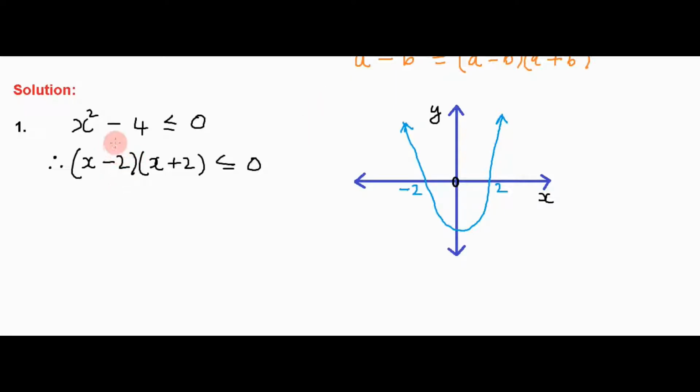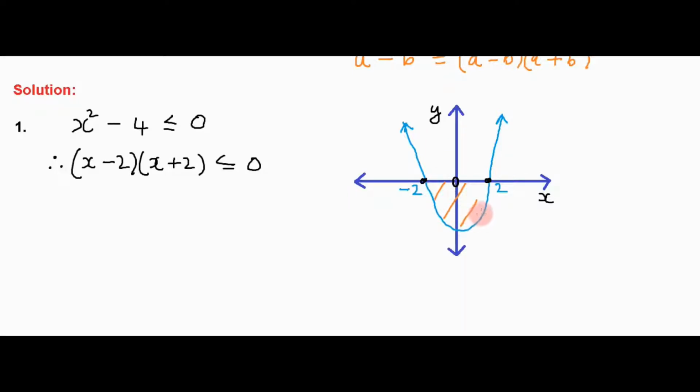Now, what does this inequality really mean? It says x squared minus 4 must be less than or equal to 0. So this means that the graph of y equals x squared minus 4, in other words, this graph, must be either 0, or it must be negative, in other words, below the x-axis.